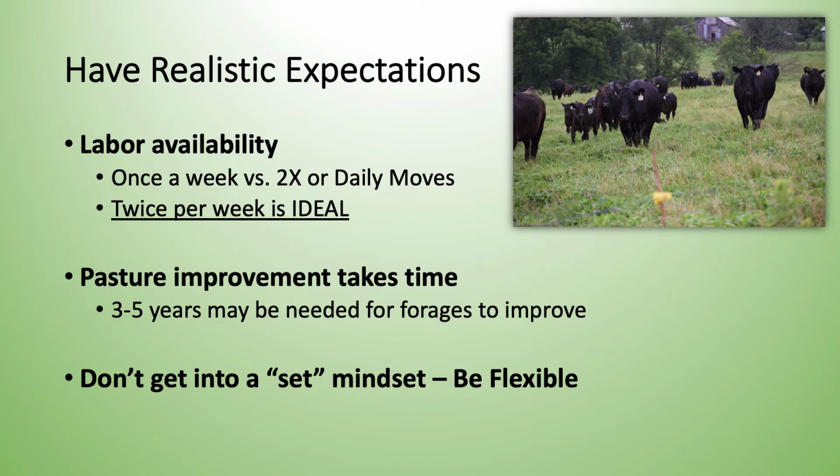And so managing that expectation that it might be 3 to 5 years before you really get that improvement in forage that you were after. So I think that's really important when we think about managing those expectations, that we don't just try it for a year and say, oh man, my forages still aren't where I want them to be. I wasn't able to increase my carrying capacity. I'm done with this.